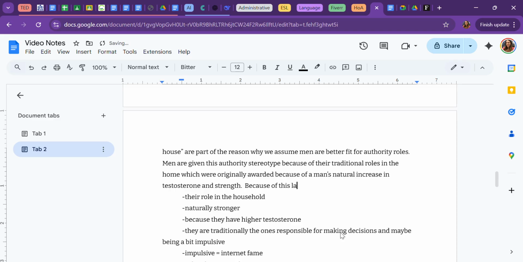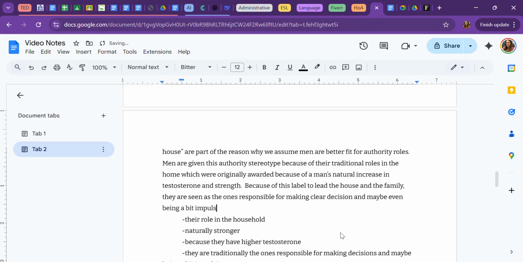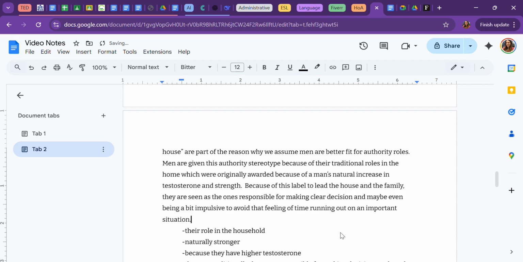Because of this label to lead the house and the family, they are seen as the ones responsible for making clear decisions and maybe even being a bit impulsive to avoid that feeling of time running out on an important situation.